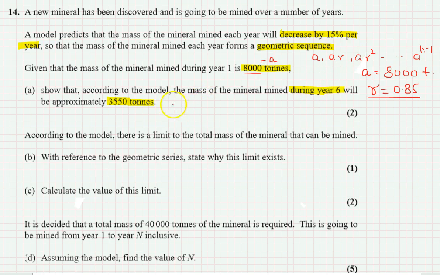So for the 6th year, it will be A R to the power 5. So that will be 8,000 times 0.85 to the power 5.